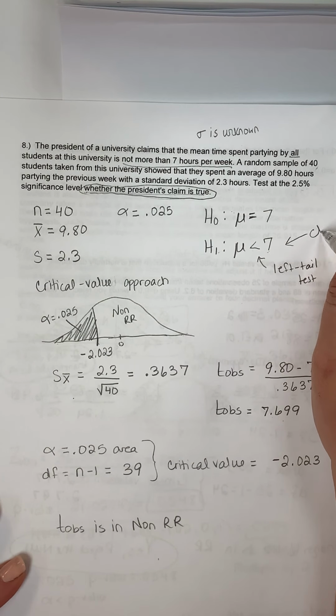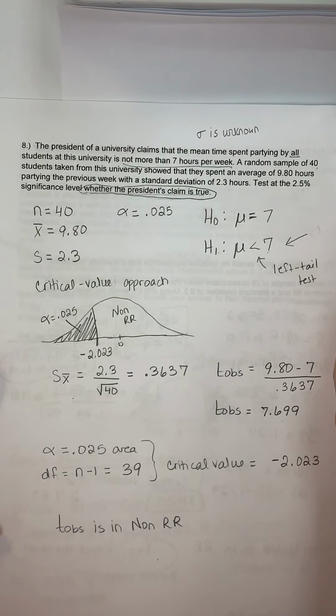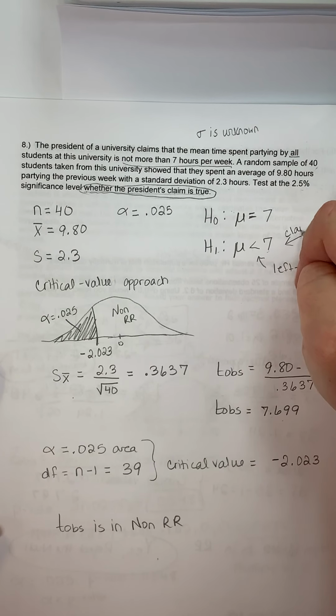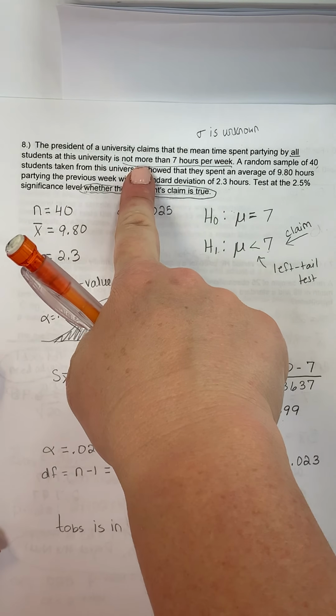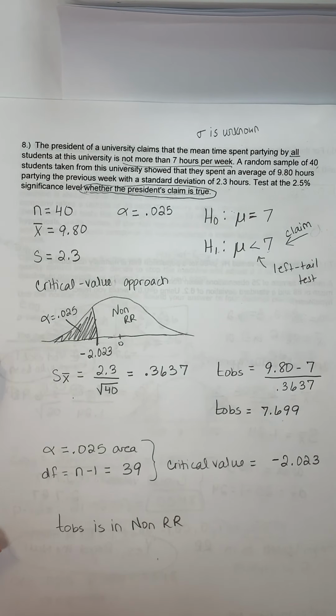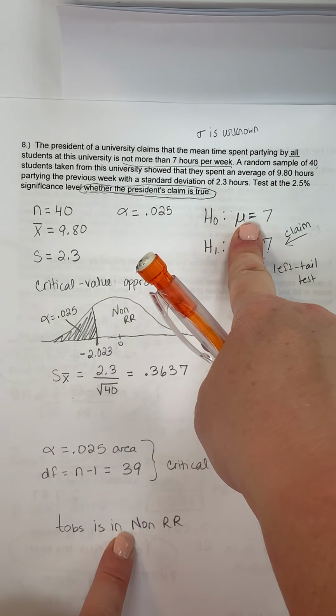This is his claim, okay? This is the president's claim. He claims that his students do not party more than 7 hours a week, that they party less than 7 hours a week. That's his claim. So if this is the non-rejection range, this is talking about the null, okay?